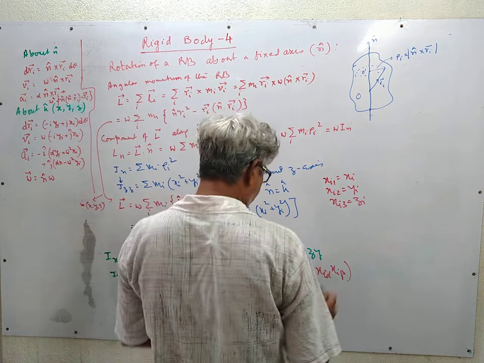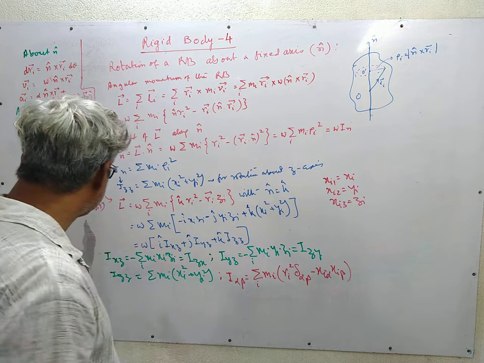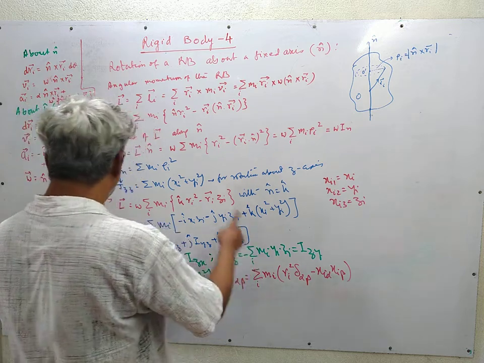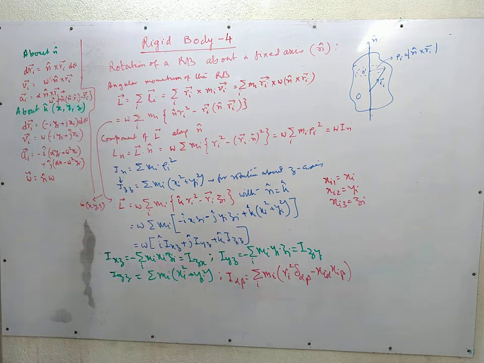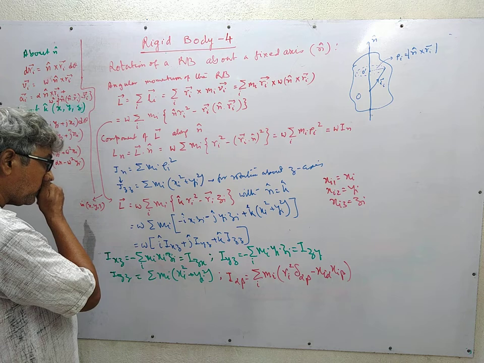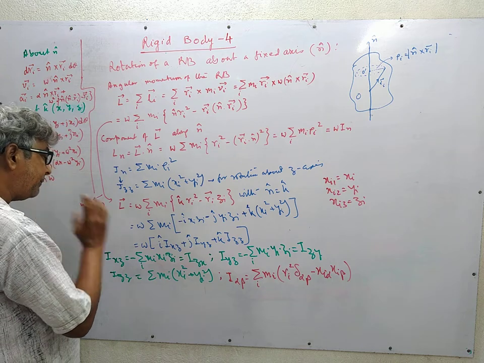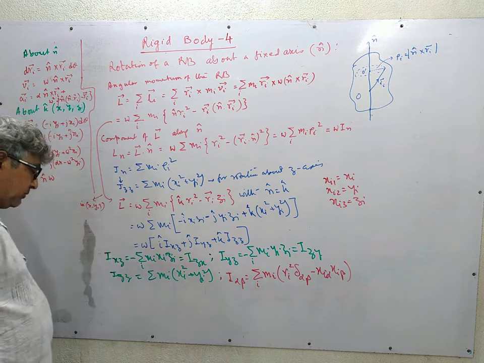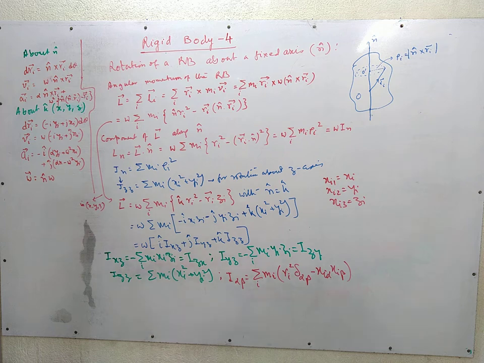From this expression, we see that L is not in the direction of omega, because omega is along k cap. So L is not in general in the direction of omega that we have obtained in linear dynamics.